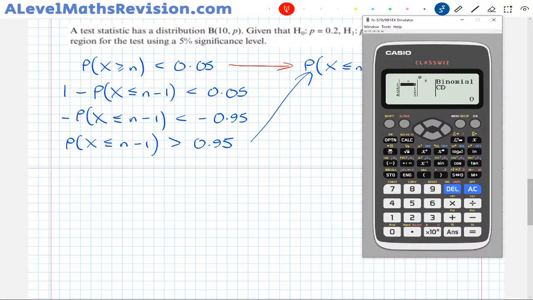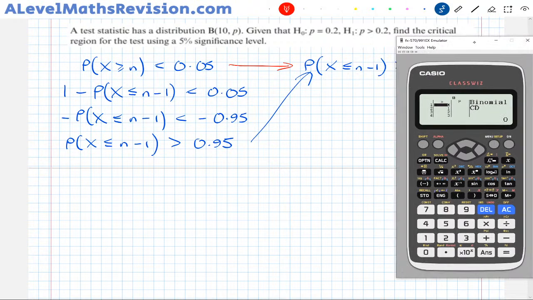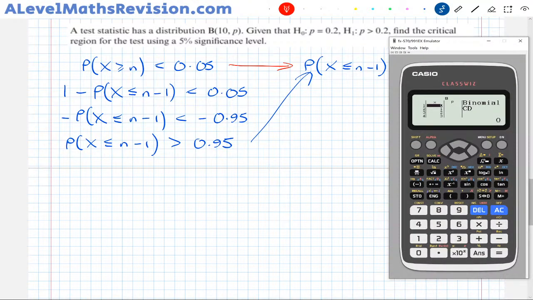So now in our calculator, we're testing the right-hand tail. So it makes sense now to start at the upper end. We started from 0 when testing the left-hand tail. I think it makes sense now to start from the right-hand tail, 10. So 10, 9, 8, 7, 6, 5, 4.